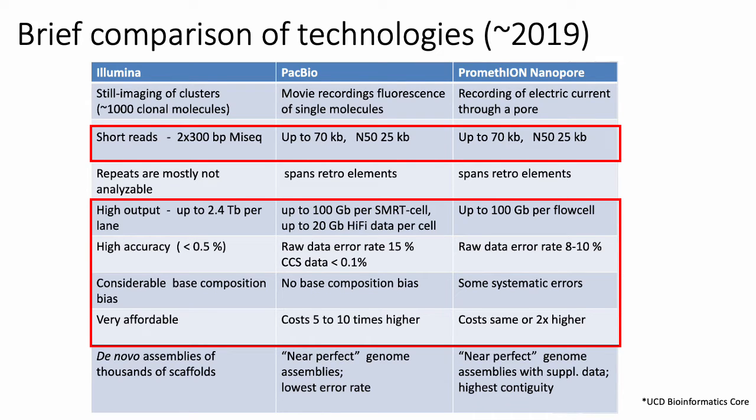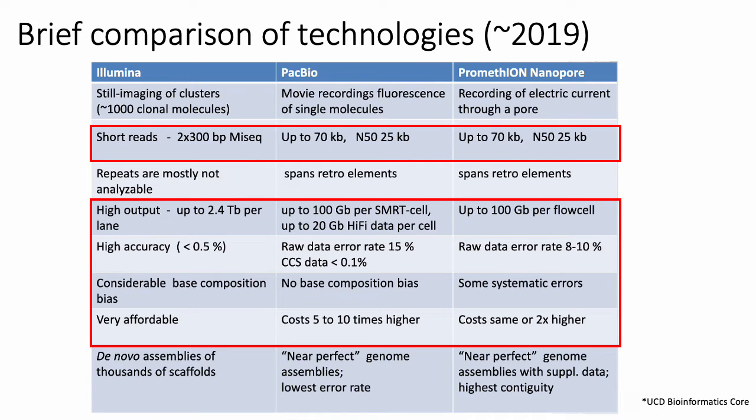Generally speaking, again, Illumina tends to be cheaper on a per base level for sequencing compared to PacBio or Nanopore. Where the trade-off comes, though, is that Illumina technologies are used for generating short reads.